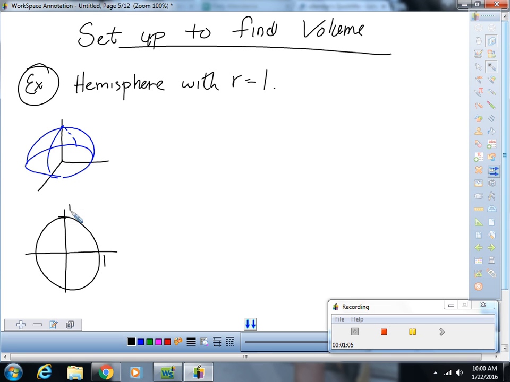Okay, so we've got to decide our order of integration. I tend to have it dz something, mostly because I'm used to drawing these shapes this way, and that makes it z dependent. Does that make sense?